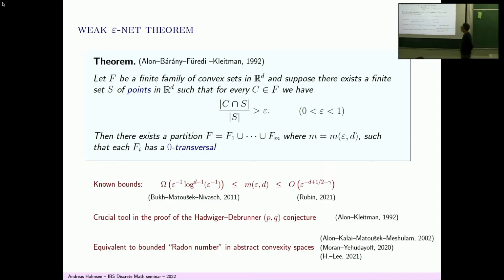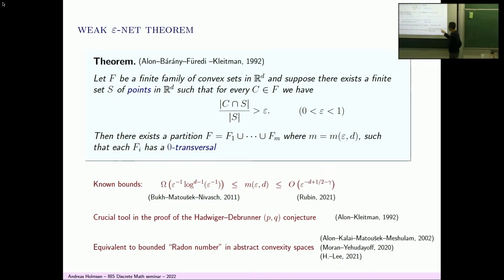They show that, depending only on p and q, they can compute an epsilon, and then they can define such a measure on the set S so that your family satisfies the property for that given epsilon, which depends only on p, q, and d, and then the proof is done. Of course, there's some technicality in how to define this measure, but that's the basic idea of their proof.